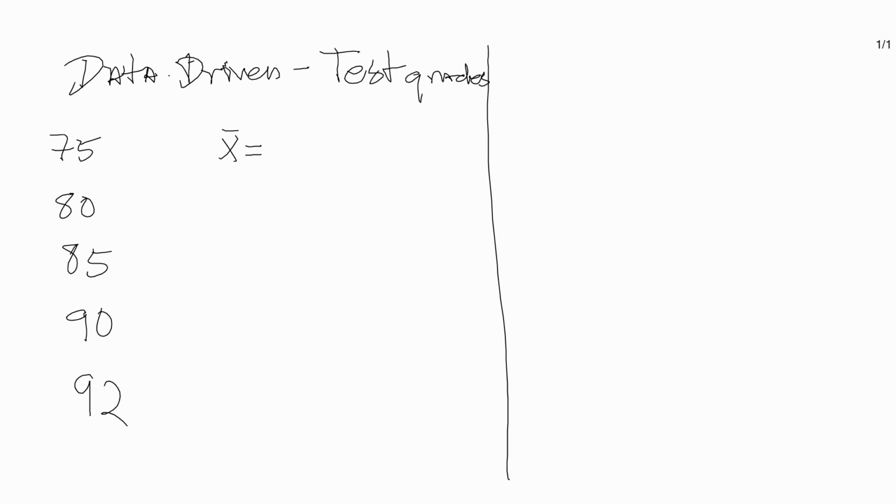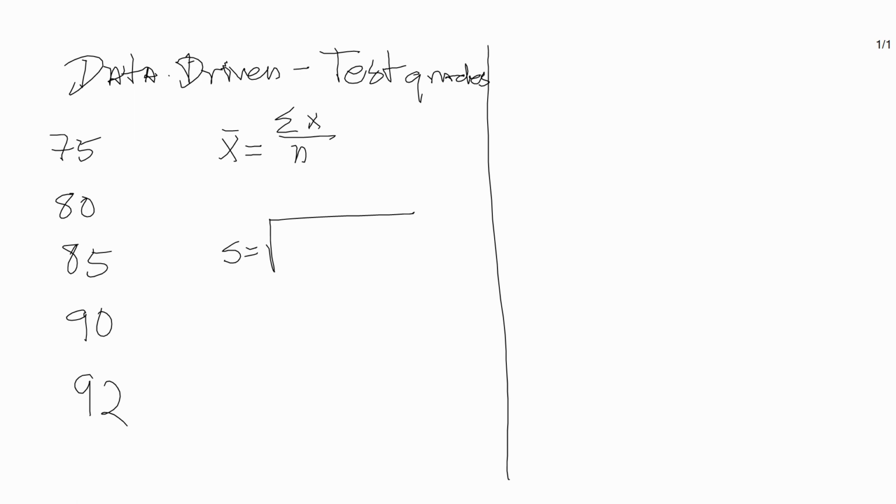How do you find the mean of those? So the summation of x over n. You add them all up, divide by 5. And then the standard deviation, or the variance, which the standard deviation is basically the square root of what? Variance. So the variance is what's under the bracket.